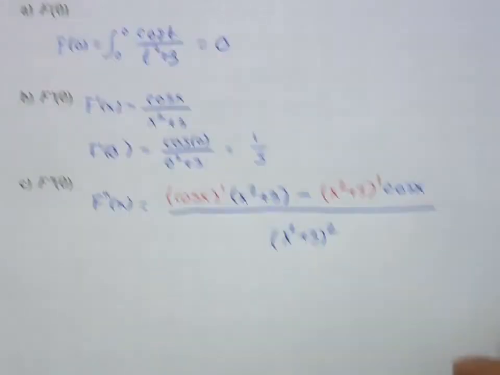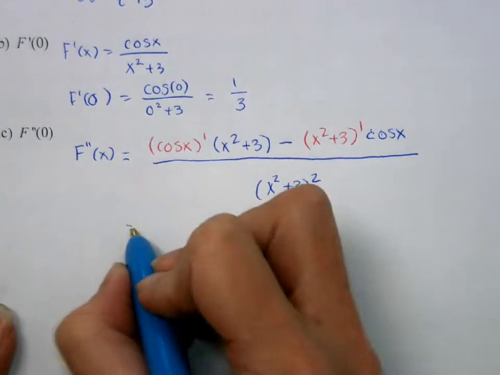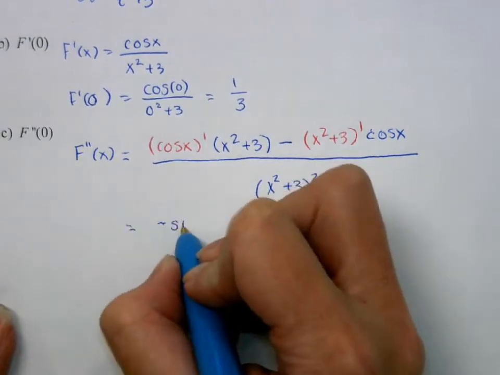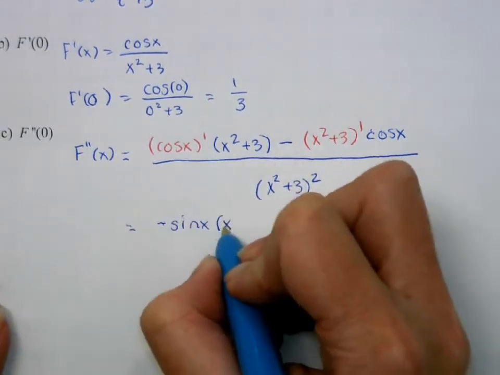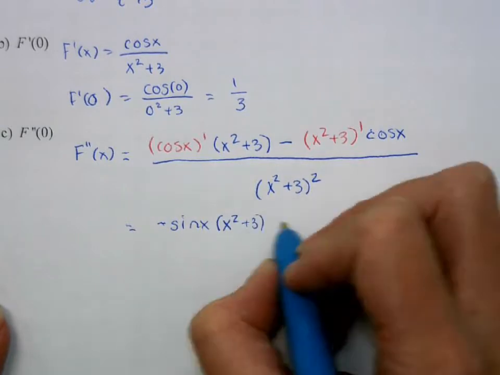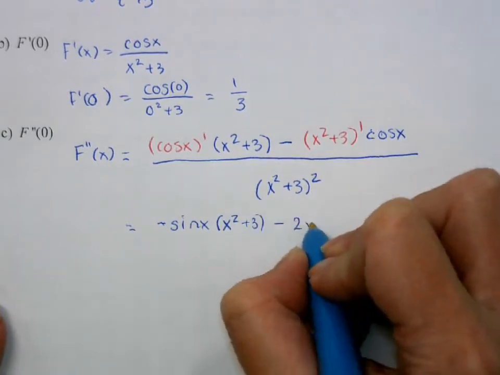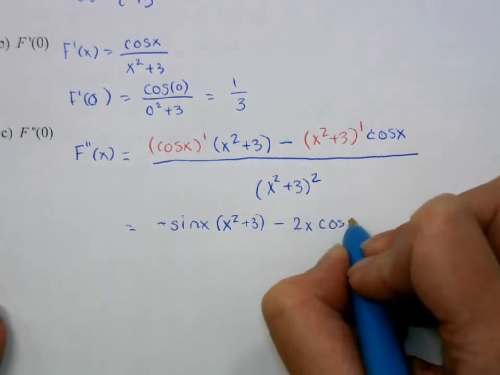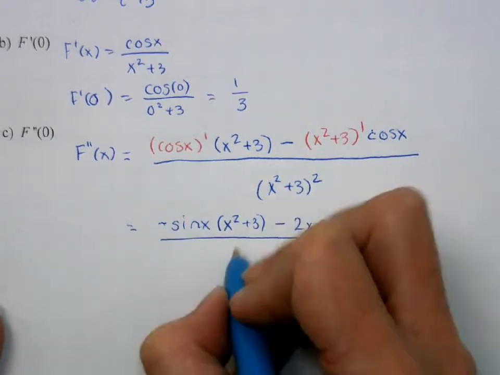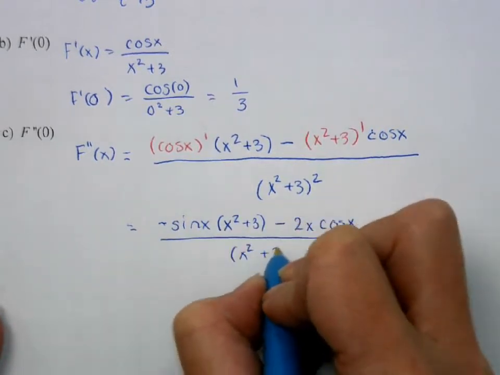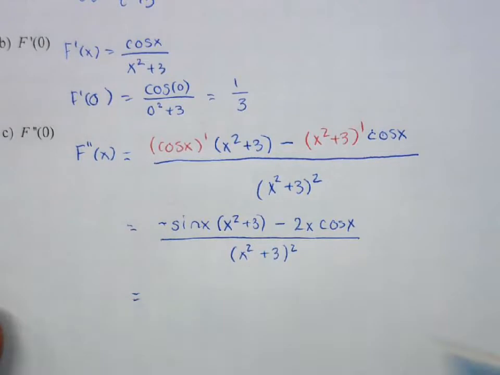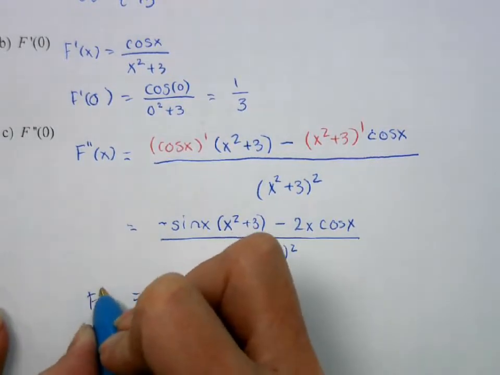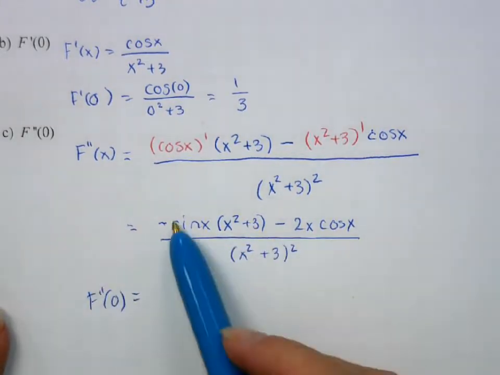Okay, so this is going to be negative sine of x times x squared plus 3 minus 2x cosine x over x squared plus 3 squared. So F double prime of 0, sine of 0 is just 0, so that whole piece is going to be 0.